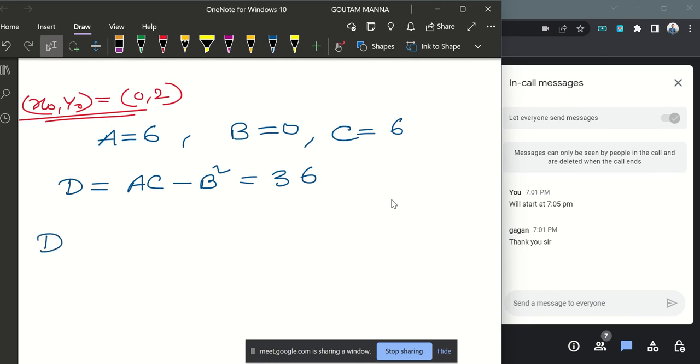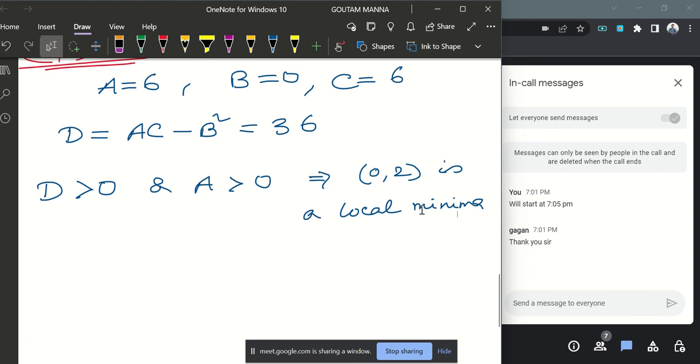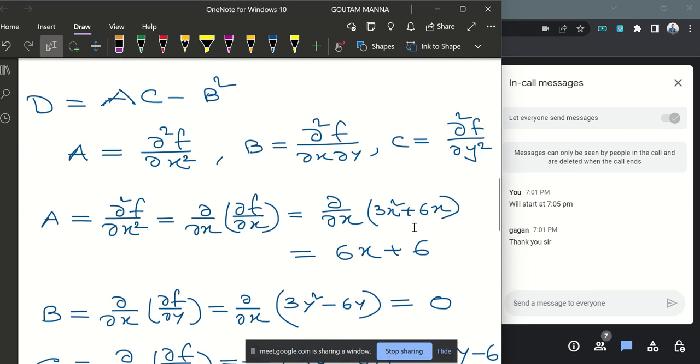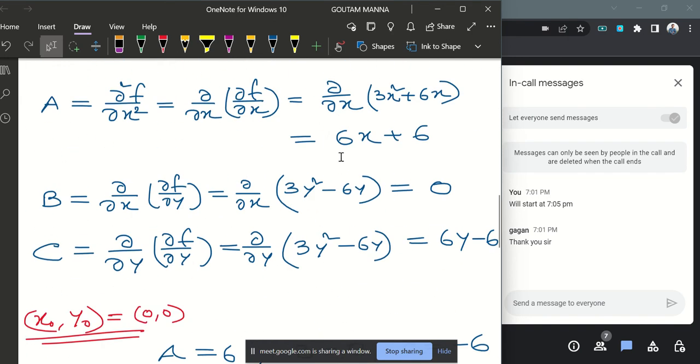So d greater than 0 means there exists a maximum or minimum, and as a is also greater than 0, it means (0, 2) is a local minimum. In this problem 1 you need to find out the local maximum, so we are still not there.